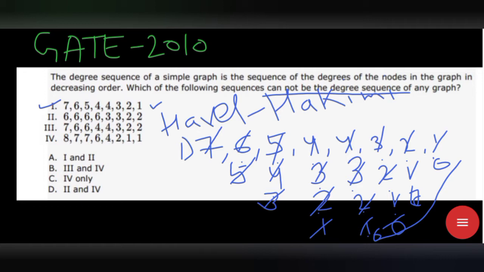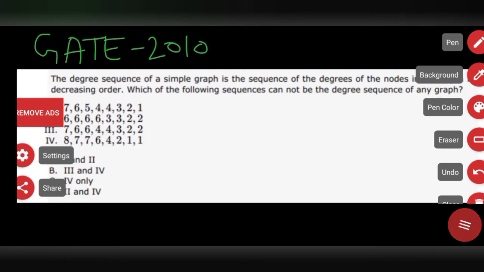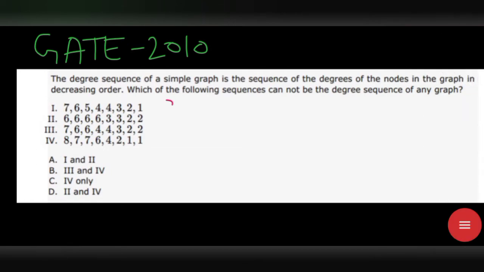Now we will look at the second option, and the second one is 6, 6, 6, 6, and 3, 3, 2, 2. Okay, now firstly we will arrange it in decreasing order.